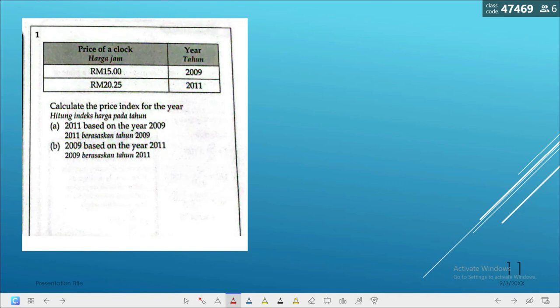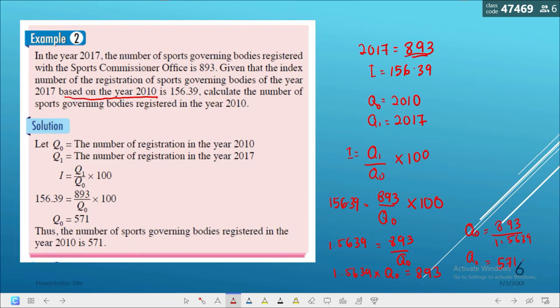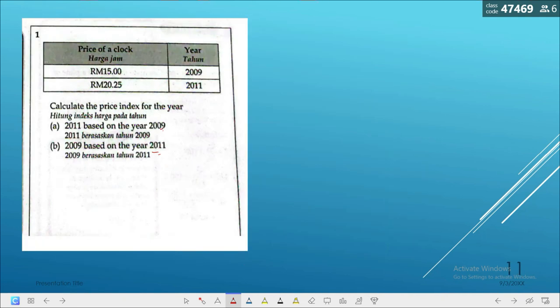So this one is actually the same, we just switch, right? We change the base. For this one they use 2009 as a base, and for the next one they use 2011 as a base. So I will not discuss these because it's almost the same as the example I already taught you.